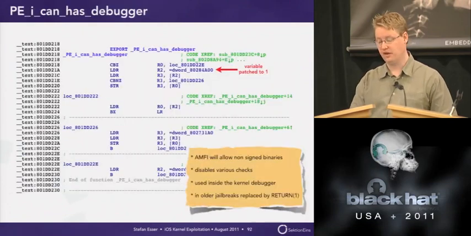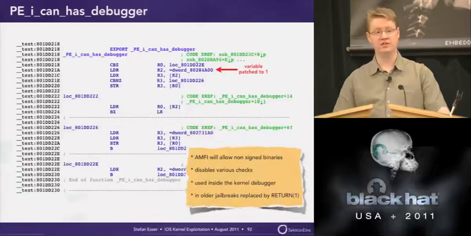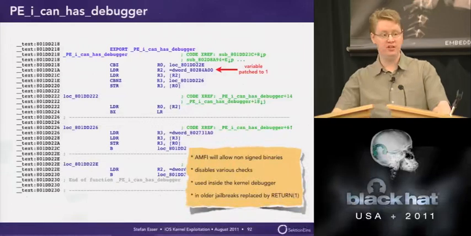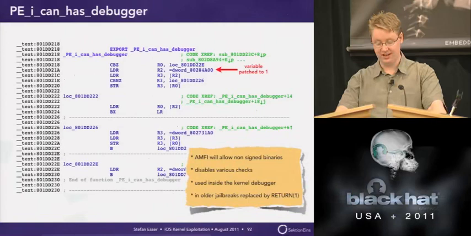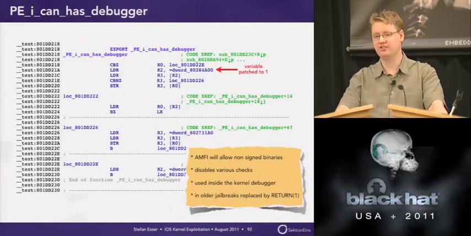The next thing that's done is there's a function inside the kernel called pe_icanHasDebugger. In earlier jailbreaks, Comex was just replacing that with return 1. This turned out to be bad, because that's the reason why Comex is not the one who did the kernel debugger first.